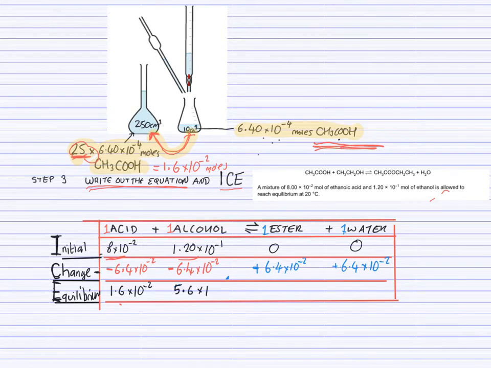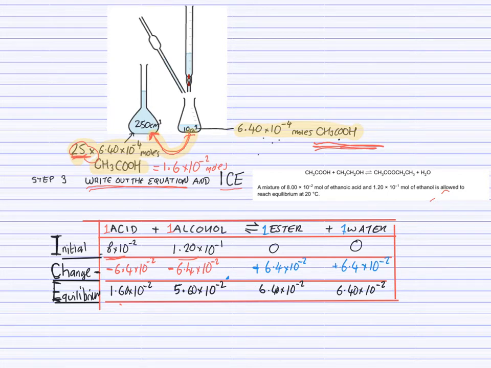So the difference between the initial amount of alcohol and what was lost is now 5.6 times 10 to the minus 2 moles of alcohol remaining. We started with 0 of ester, we've added 6.4 times 10 to the minus 2, and because they react on a 1-to-1 ratio, exactly the same number of moles of water.